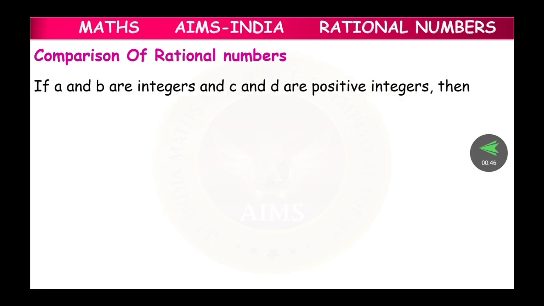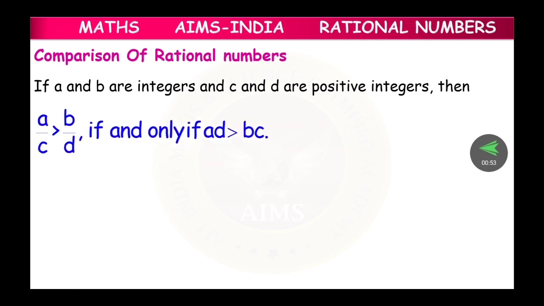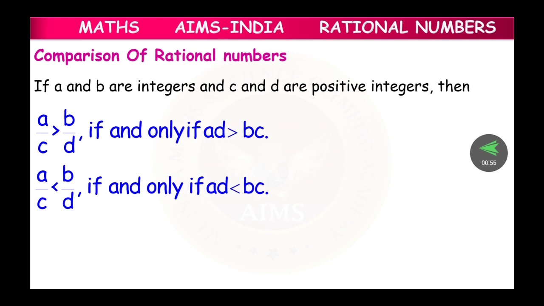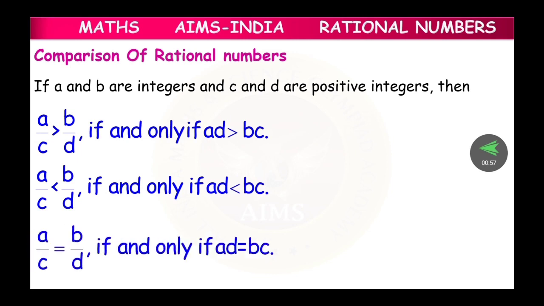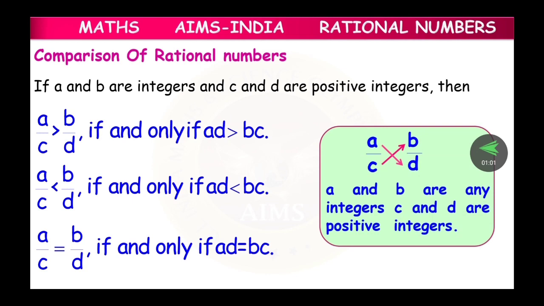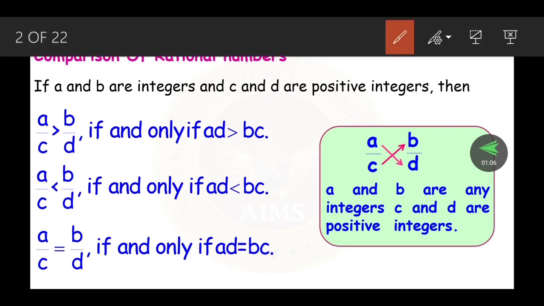Here, if a and b are integers and c and d are positive integers, then we can have three cases. We can compare according to these three cases by using multiplication. Suppose we have two rational numbers, a by c and b by d.